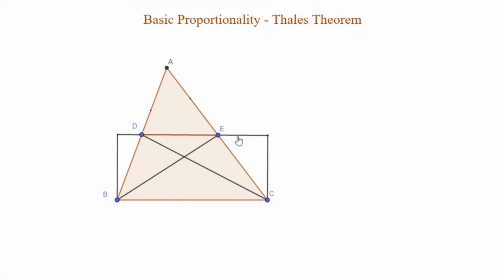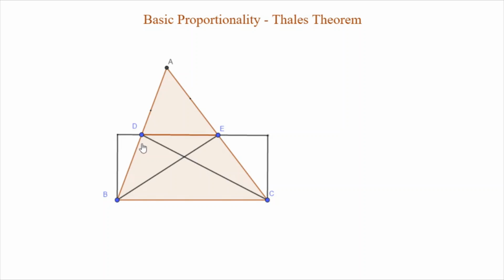Triangles BDE and CDE have the same height because DE is parallel to BC. Any line perpendicular to both these parallel lines would be of the same length. So this line as well as this line must be of the same length because they are normals drawn between two parallel lines DE and BC.